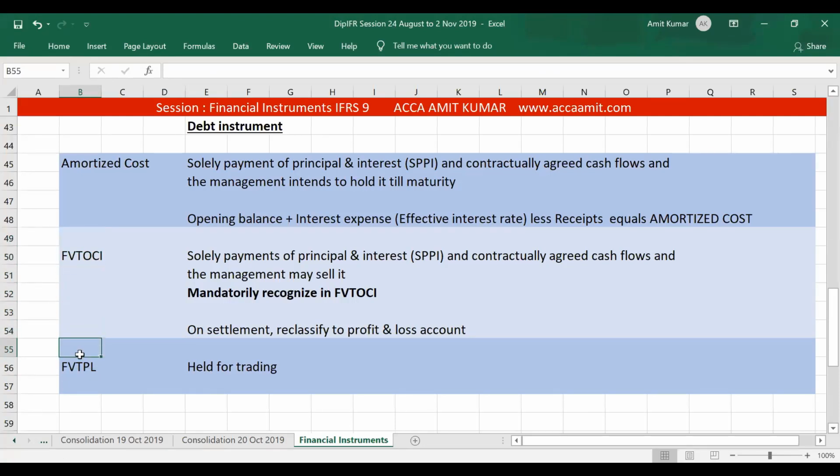If we are measuring something at fair value through P&L, will it be subject to impairment testing?